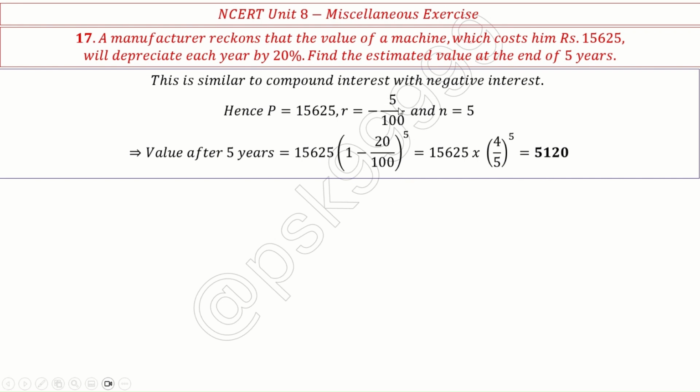After 5 years, you can apply the compound interest formula: 15,625 into (1 minus 20 by 100) whole to the power of 5 terms, right? Each year it is 20% depreciation, so you can apply the compound interest formula: P into (1 minus R by 100) whole to the power of N. That's what I did. So the value at the end of 5 years will be 5,120. Okay, next.